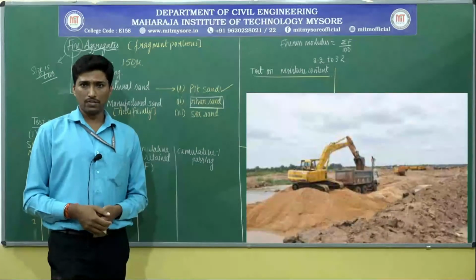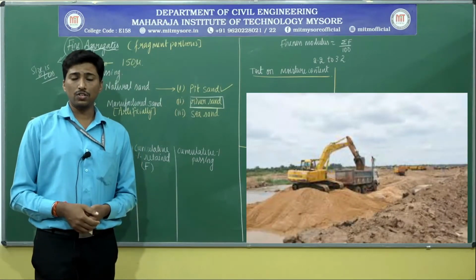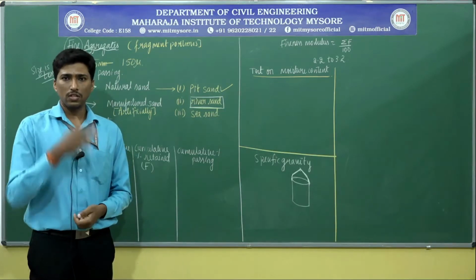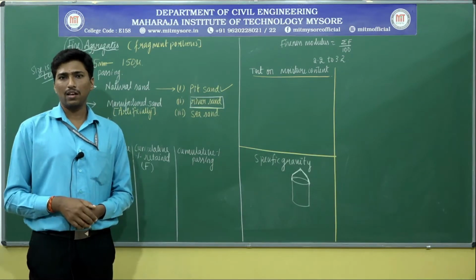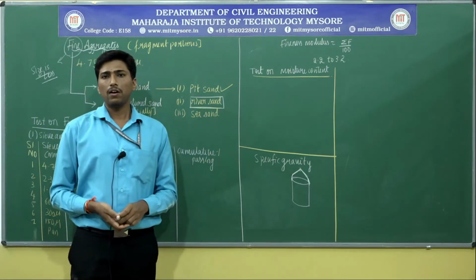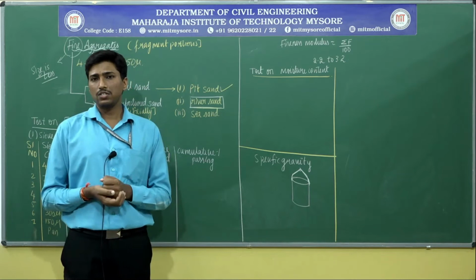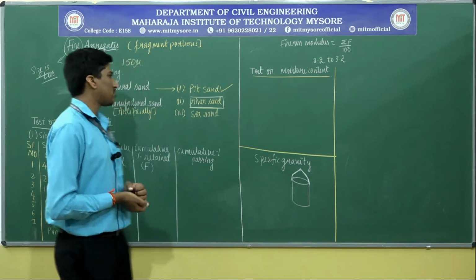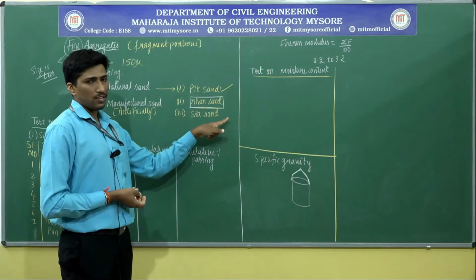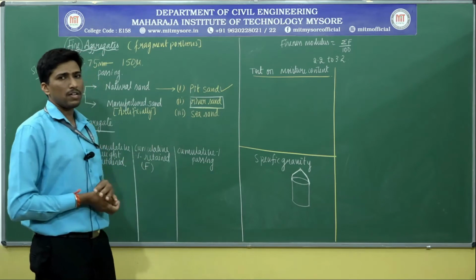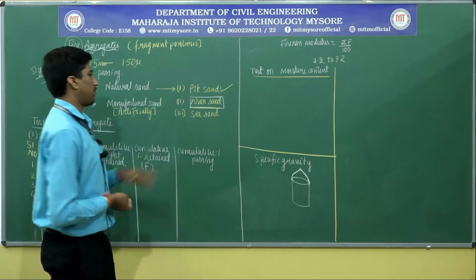All these fragments are cyclic in nature, but artificial interference causes the breaking of the cycle. Hence, river sand is deteriorating through overexploitation, and in the literal sense, care has to be taken for artificial means of manufacturing sand.